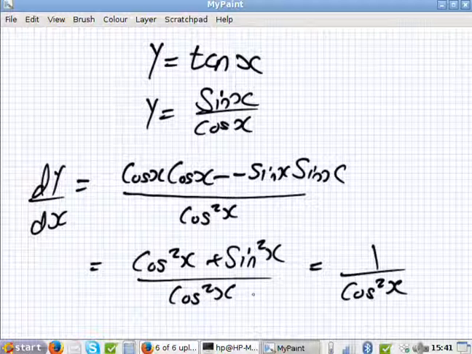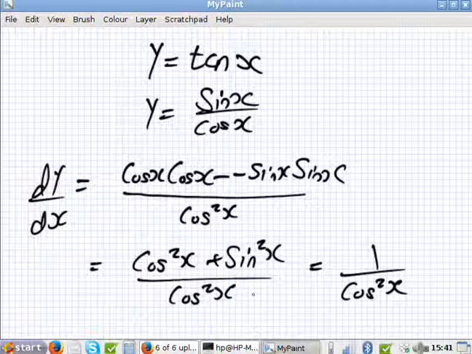Right, so the derivative here is the bottom squared, the bottom times the derivative of the top, minus the top times the derivative of the bottom, which is another minus sine x. So this will be cos squared x plus sine squared x over cos squared x.